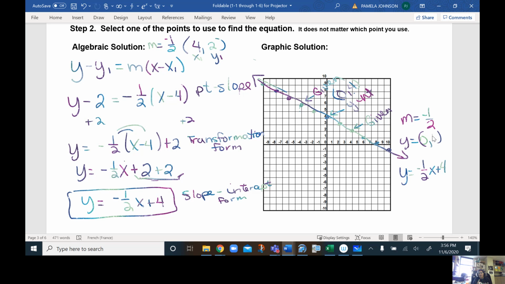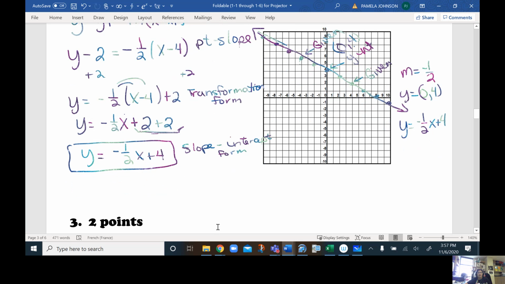I'm not going to have you put anything on down here by the title because it uses the same equation that we put up there for slope and point. It's the point slope equation. If you want to, actually, I am going to have you put something here. We're going to put number 1, find slope.